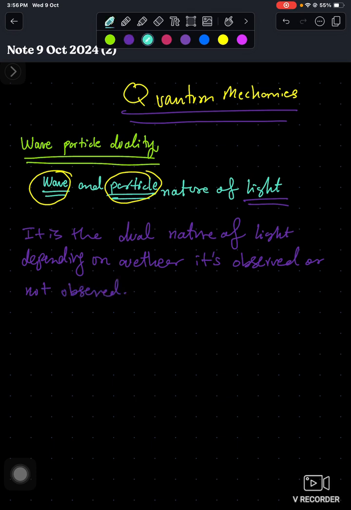Okay, so if this is a definition in my way, many people can have different definitions, no problem.